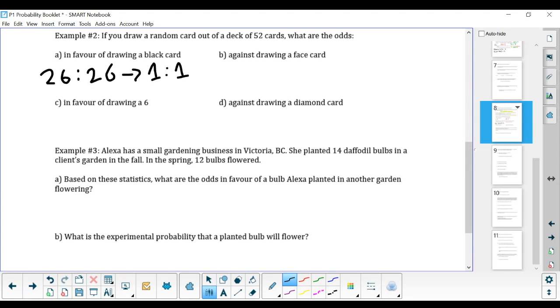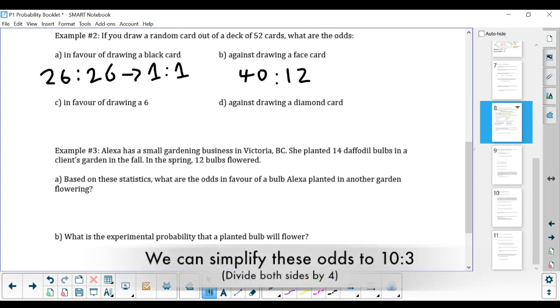Against drawing a face card, we have 4 suits, and each one of those suits comes with 3 face cards. So that would mean 4 times 3, so we have 12 face cards that we don't want, and we have the other 40 cards that are not face cards.